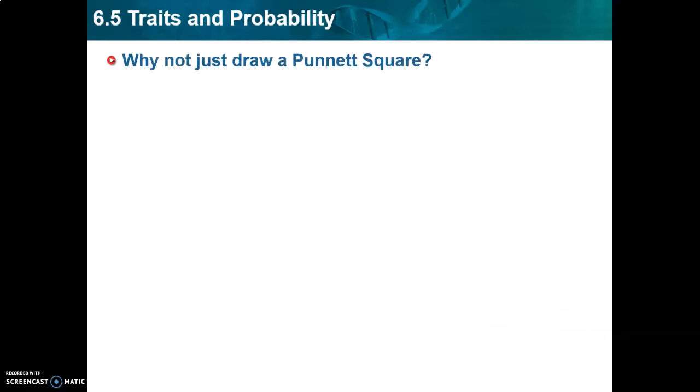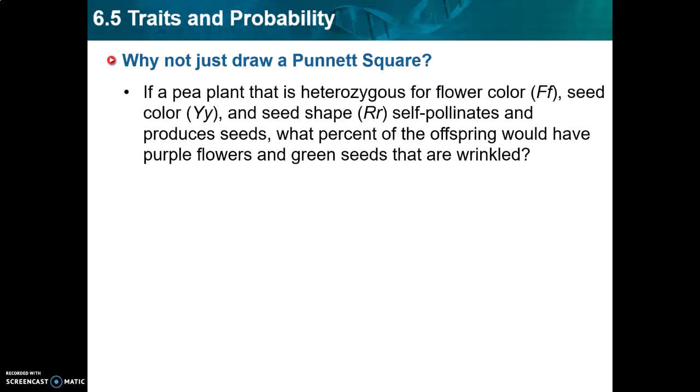Now, you may be wondering, why in the world are we doing that when we could just draw a Punnett square? Well, consider this question. You might see a question similar to this on a quiz or a test. And if you were to try to draw a Punnett square for this question, it would be really, really large because we are now looking at 3 different genes: flower color, seed color, and seed shape.